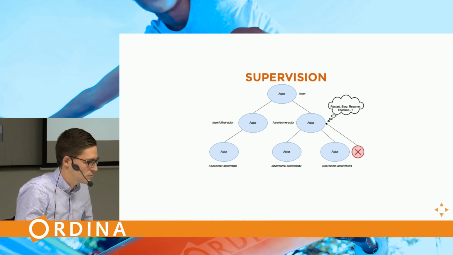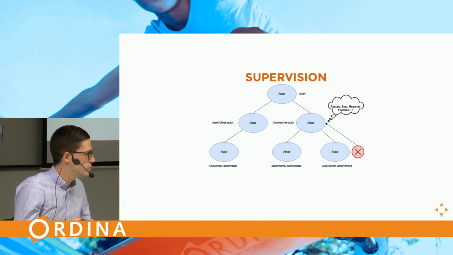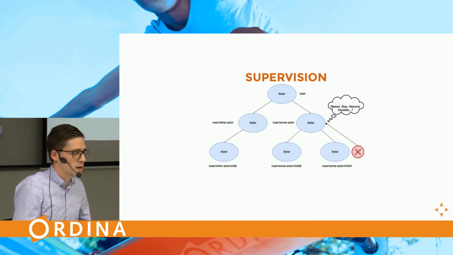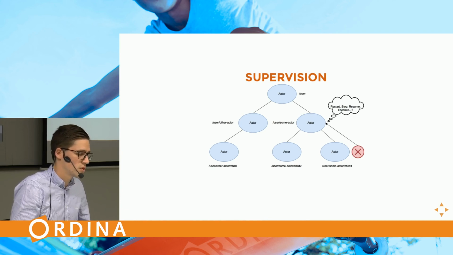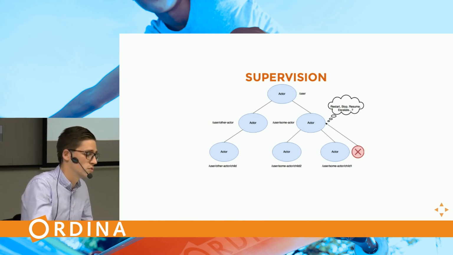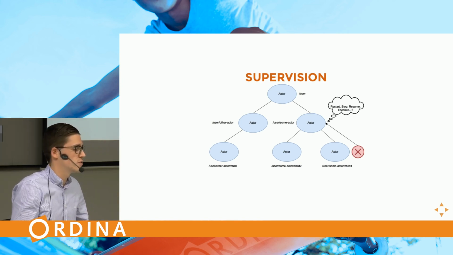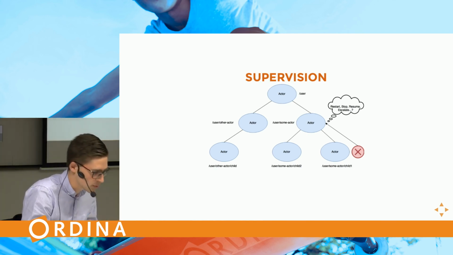In this case, where the database connection has been lost, a way to handle that would be to simply restart the actor or just recreate it. I imagine that when creating the actor, it would receive a connection to the database. So just get rid of the actor, recreate it and give it a new connection to the database. This would solve our problem in this case.